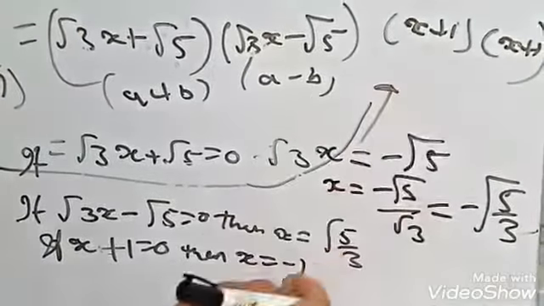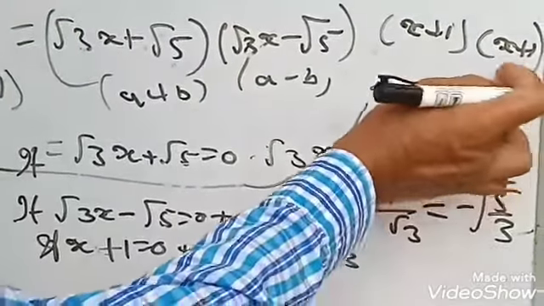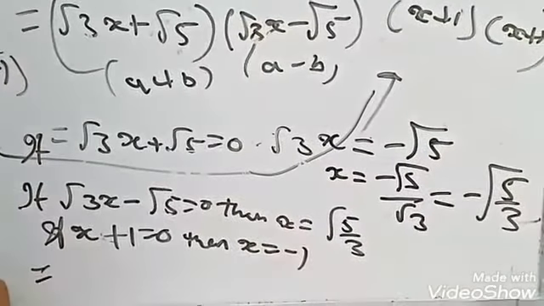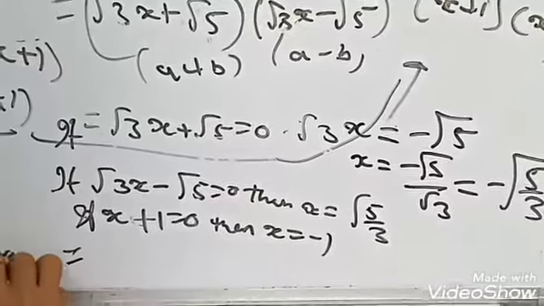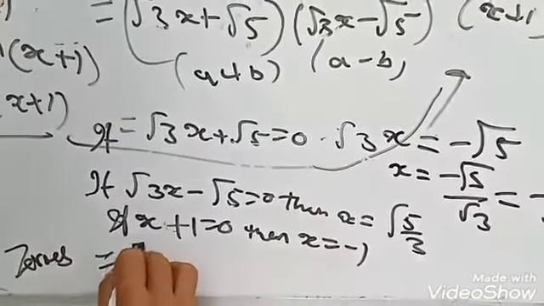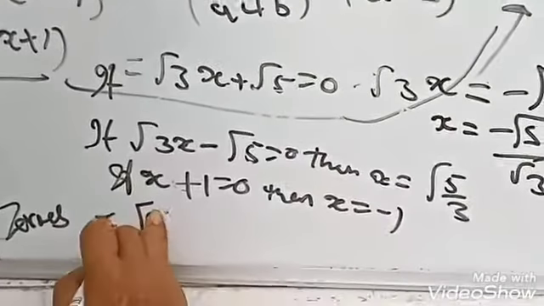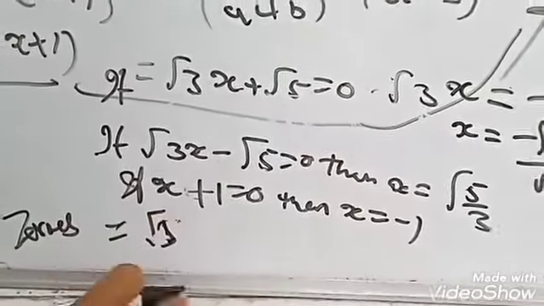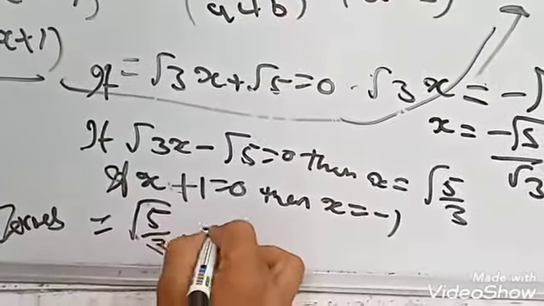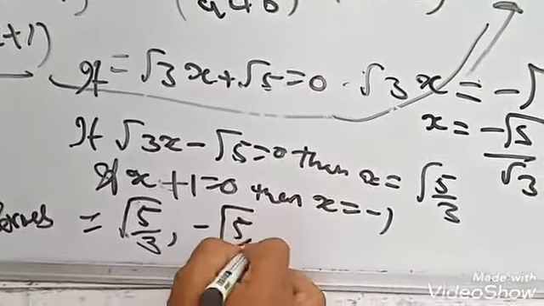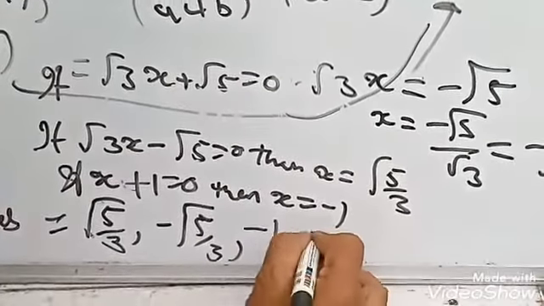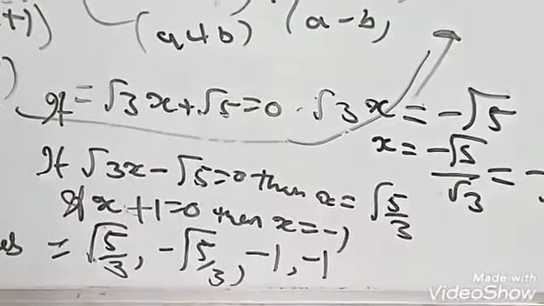So for this value x is equal to minus 1, and again for this value it will be minus 1. The total zeros are root 5 by 3, minus root 5 by 3, minus 1 and again minus 1.